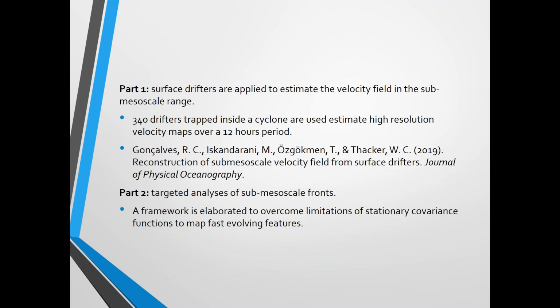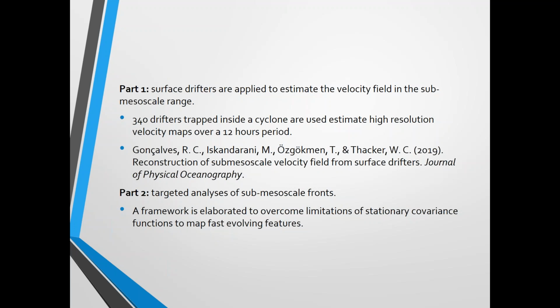This work, I'm going to present in two parts. The first one, where I have a large amount of observations in a very small area. So I have very high resolution observations during a 12 hour period, and I reconstruct the velocity field over that area. This work was recently published in the Journal of Physical Oceanography.